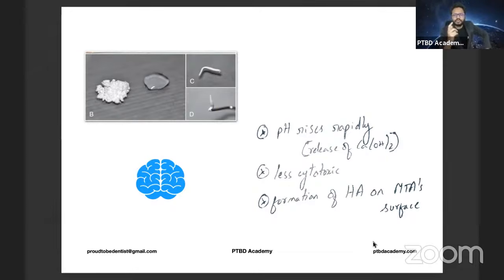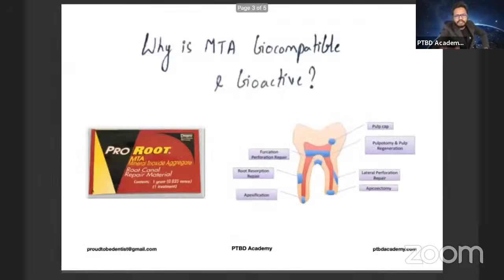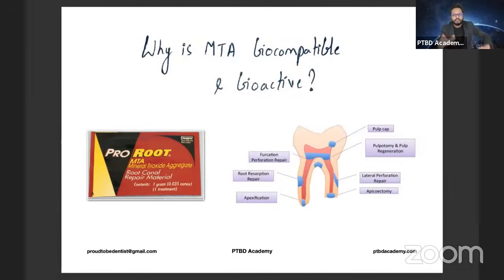And coming to bioactive, why did we ask this question, is MTA bioactive? First of all, you should keep in mind that bioactive, as the name itself indicates, is a material which we are using in a living system that is active, in simple terms. So MTA is bioactive, and that's one of the greatest advantages we have, and that's the reason for its remarkable clinical success.